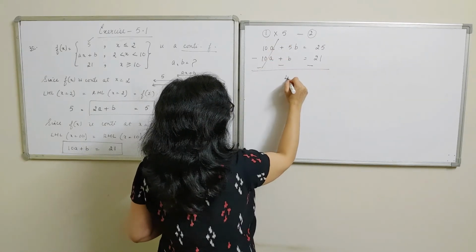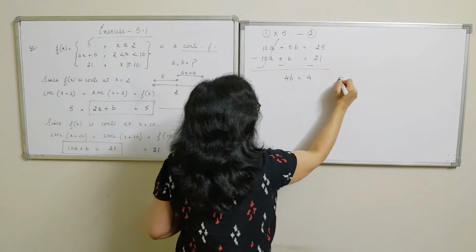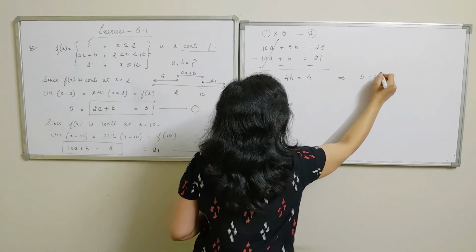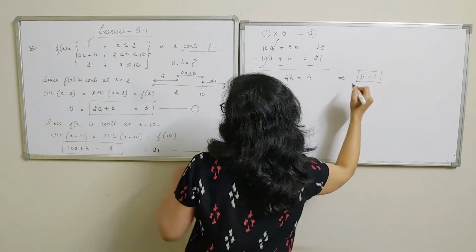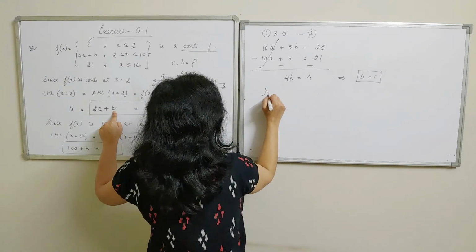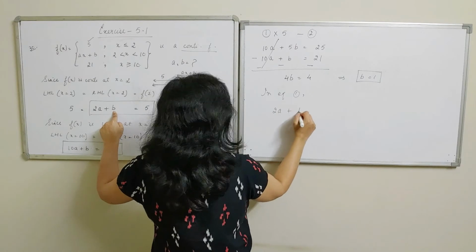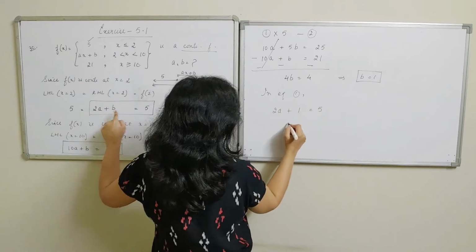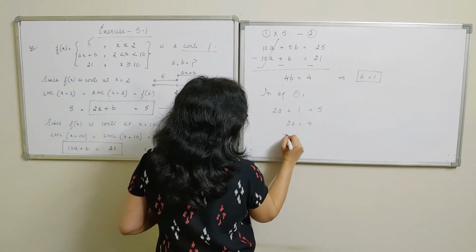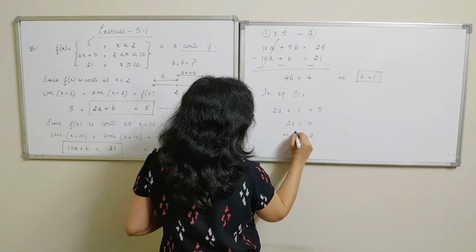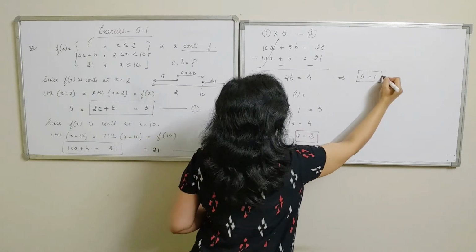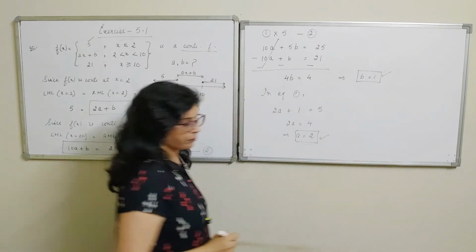This term gets cancelled. 4b is equal to 4, which means b is equal to 1. Substitute this value in equation 1: 2a plus b is equal to 5. So 2a is 4 and hence a is equal to 2. This way we have got the values of a and b.